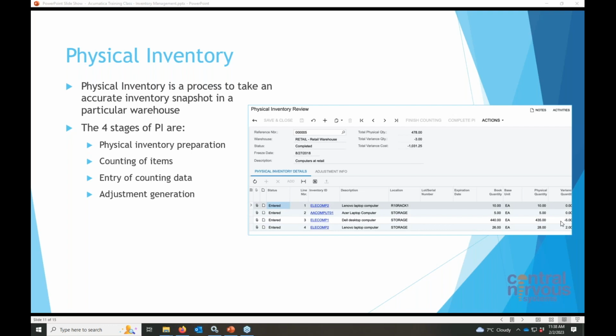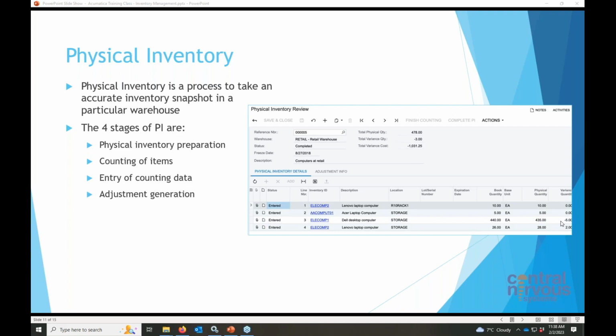Now, the added complexity would be if you had lot tracked or serial tracked items, and there's an imbalance between the lots that are showing in the system with available quantities, and the lots that are counted and need to be reconciled or trued up.